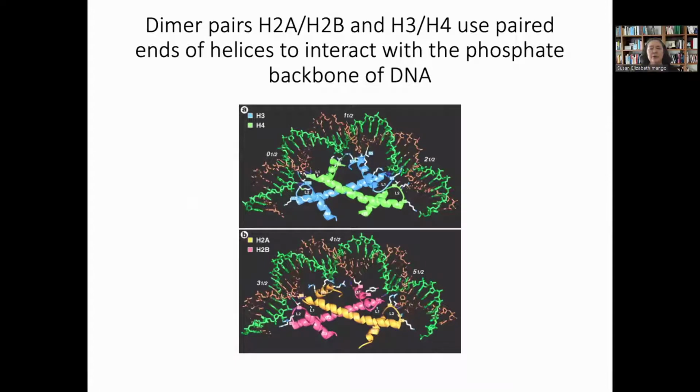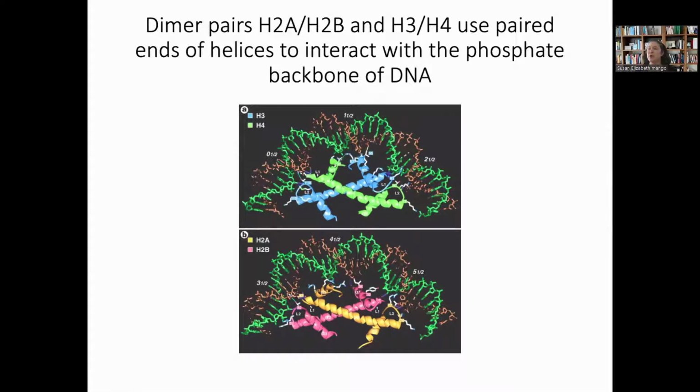The dimer pairs of H2A and H2B, as well as H3 and H4, use the ends of the alpha helices to interact with the phosphate backbone of the DNA, as shown here.